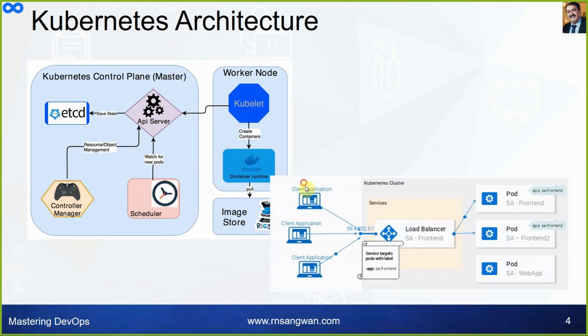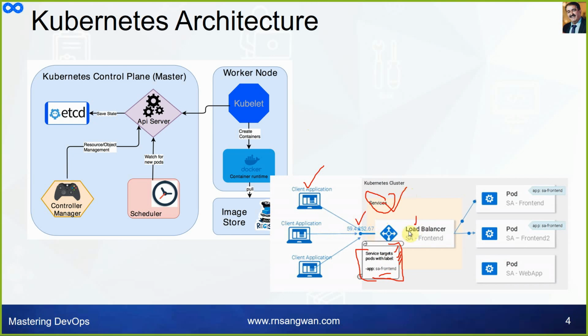The client application sends the request to the load balancer or the public facing IP address. That load balancer or front end will have a service configured. The service has this manifest file or specifications where we have the targets, and pods with labels and selectors are configured in the service configuration.